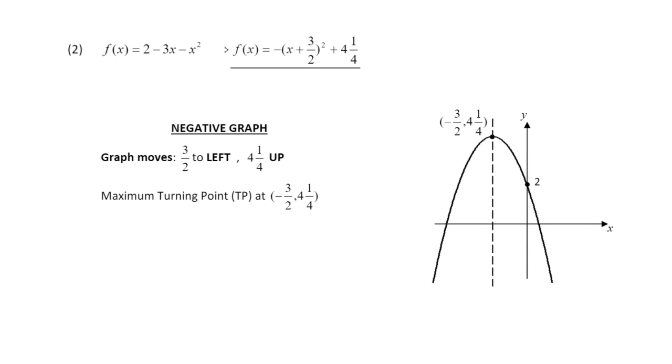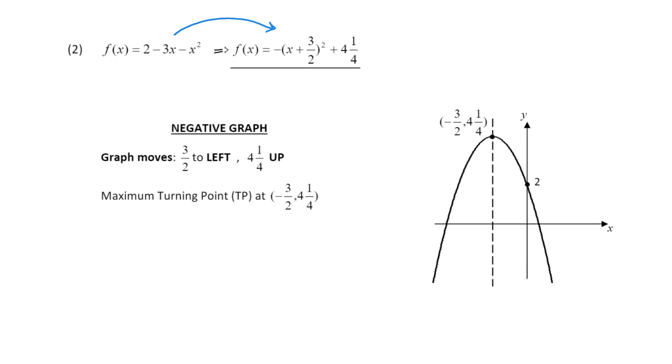Okay, let's now look at a negative example. Now, this is quite a complex completing the square question. So if you're not sure how we move from f of x equals 3x minus x squared to f of x with a negative at the front, that's something we can look at for completing the square.